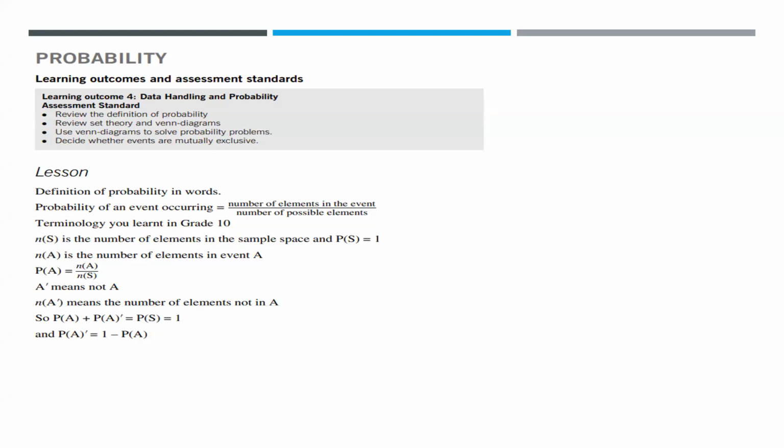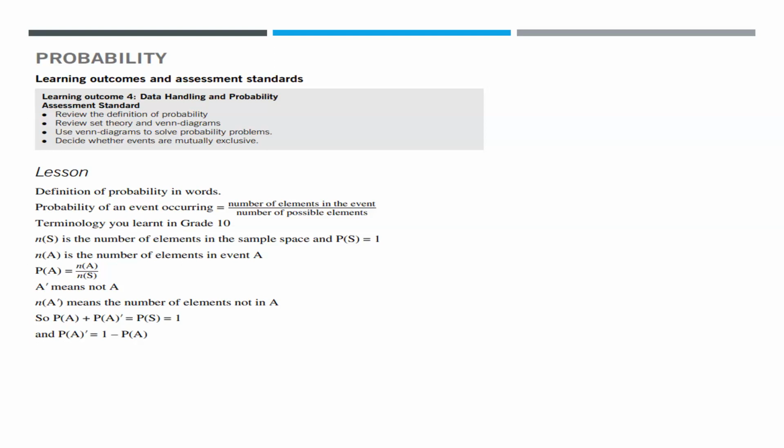So here, the probability of an event occurring equals the number of elements in the event over the number of possible elements. This is the terminology that you learned, where N of S is the number of elements in the sample space, and the probability of S, where S represents the sample space, must always be equal to 1.